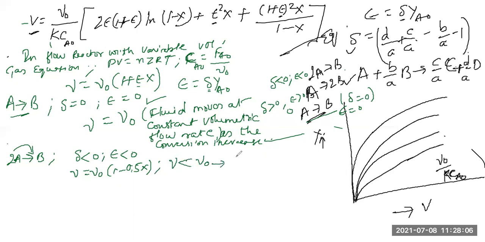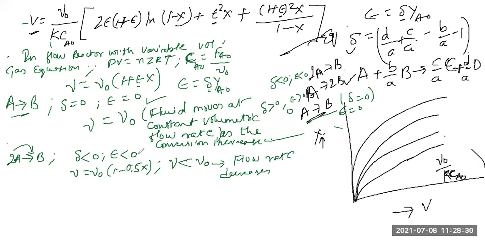Here, the volumetric flow rate decreases. So when the flow rate decreases, that means it's flowing with a lesser speed, right? That means reactants will spend more time inside the tubular reactor. When they spend more time, that means conversion will increase, right?